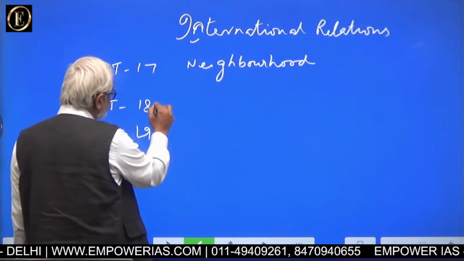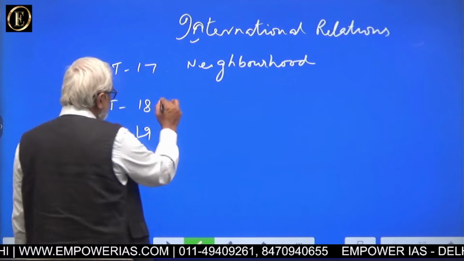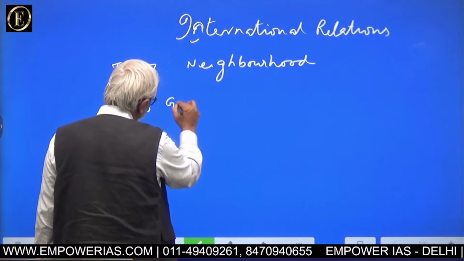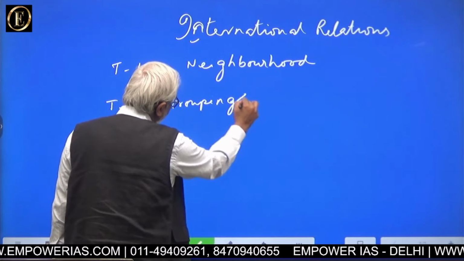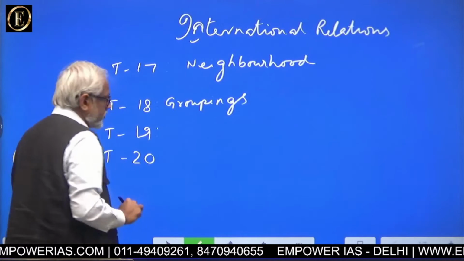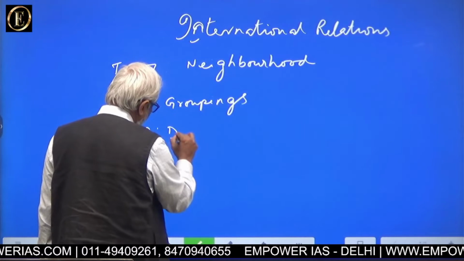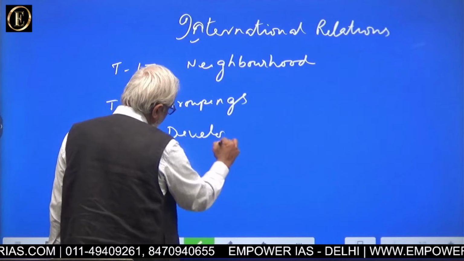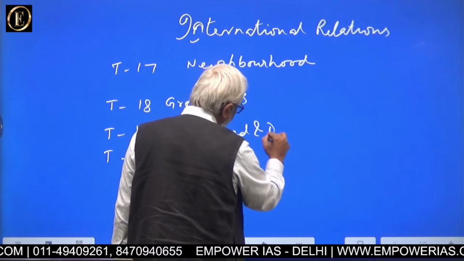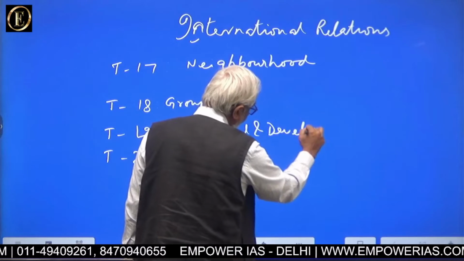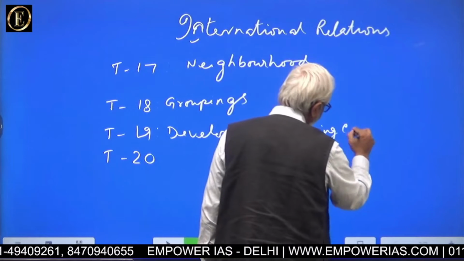Topic 18 talks about groupings. Okay. It talks about groupings. Topic 19 talks about developed and developing countries.